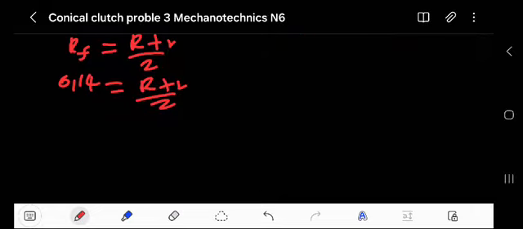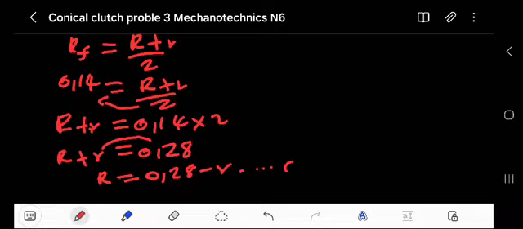Then you can multiply 0.14 by 2 to get R1 plus R2, which is 0.28. I can take R2 to the other side, so R1 will be 0.28 minus R2. I can call this equation 2.